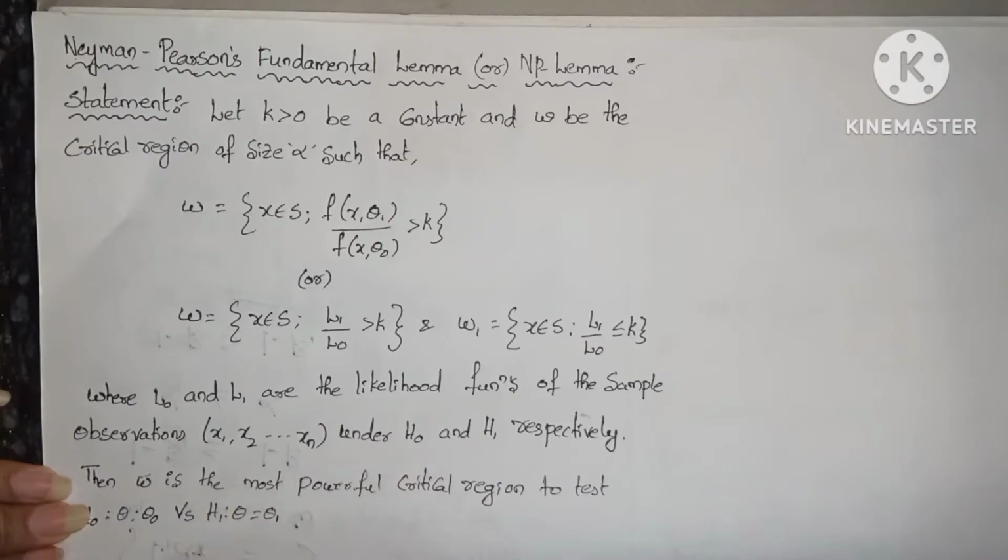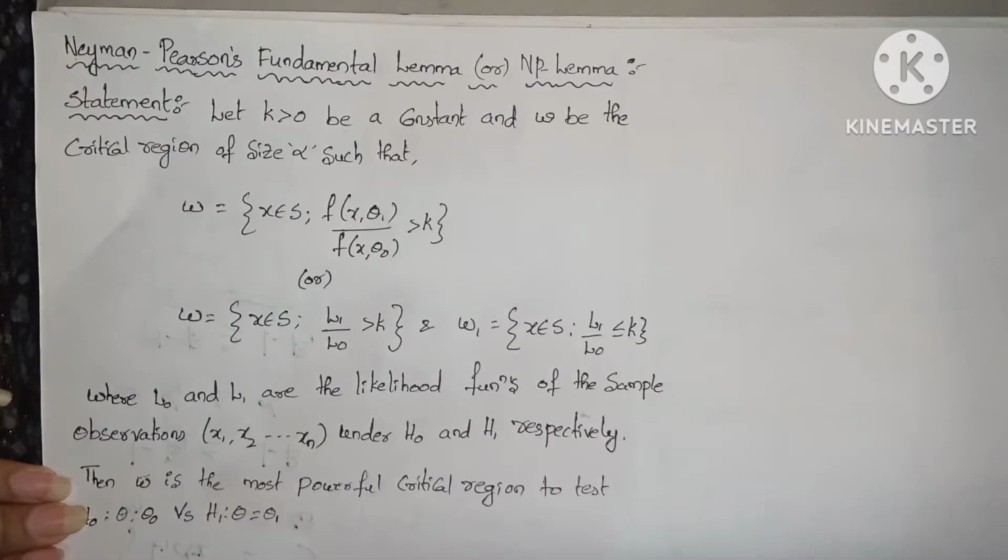Okay, so let me tell you why this concept is used. This concept is used in order to know which sample is most powerful. For example, we take 10 persons who are using Calpol and another 10 persons who are using Dolo.